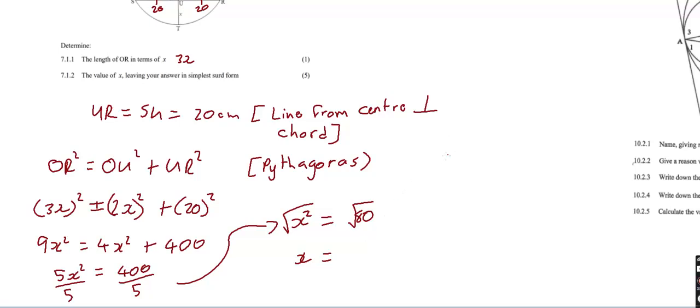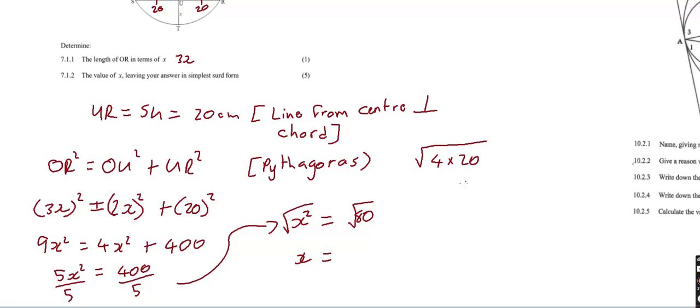80 is the same thing as 2 times 40. 40 is the same, okay, or it's the same thing as 4 times 20. I'm just trying to figure out the surd form because that is what they asked for. So 80 is the same thing as 4 times 20.